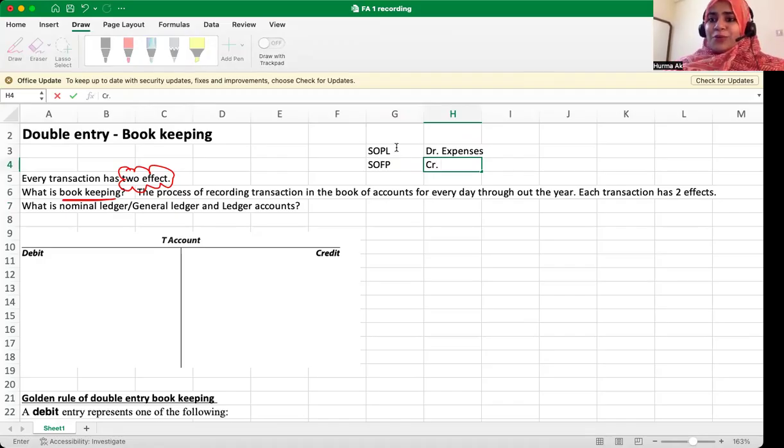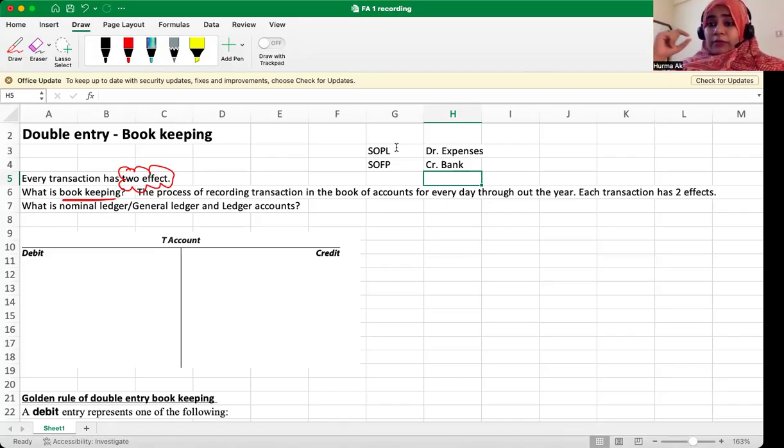I will explain what debit and credit is and how we know which account to debit and which account to credit. We will be dealing with that in some time. So hold on. We will be crediting bank because our money reduces, and our expenses are increasing. So we come to debit and credit in a bit. Just hold on there.